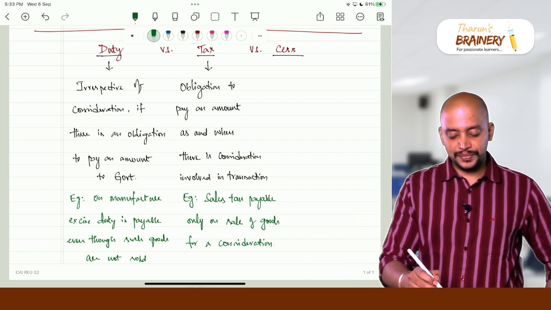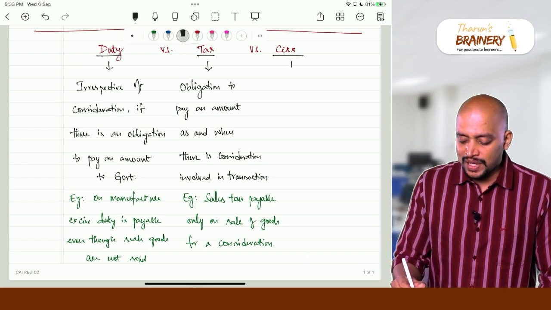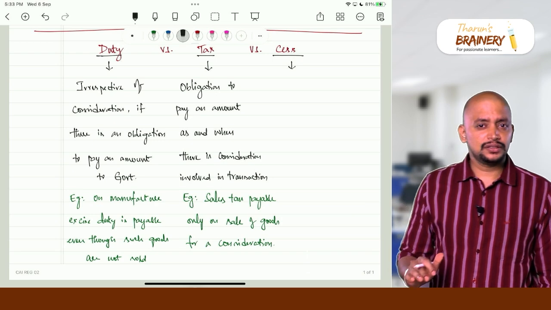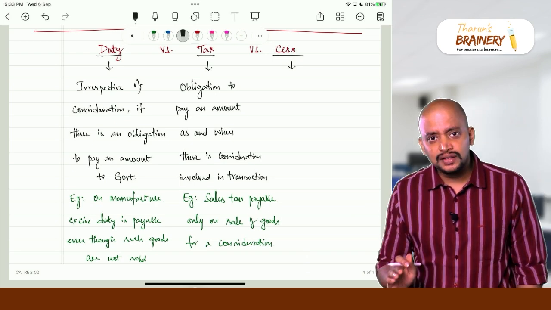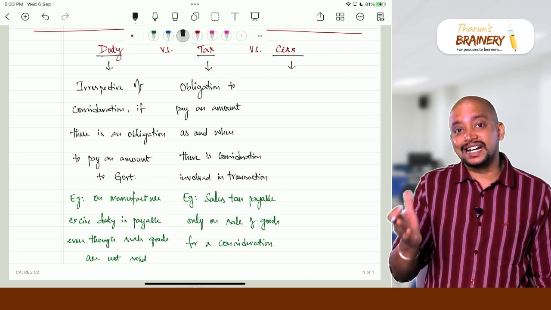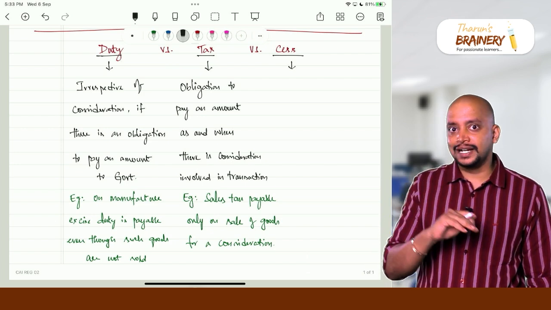Then what is cess? Cess is also payable, whenever it is levied, we have to pay. Cess is also like tax.